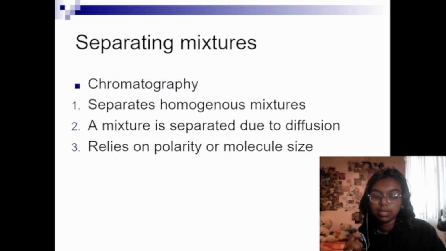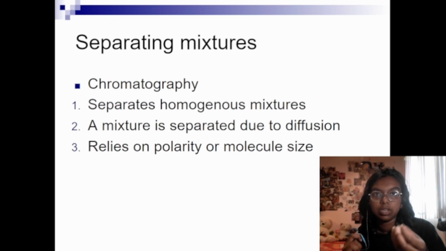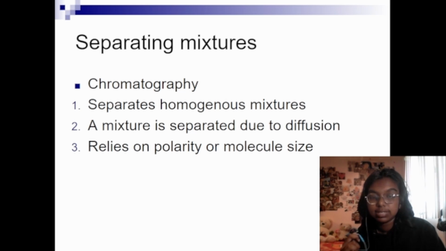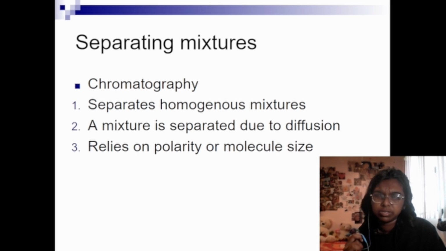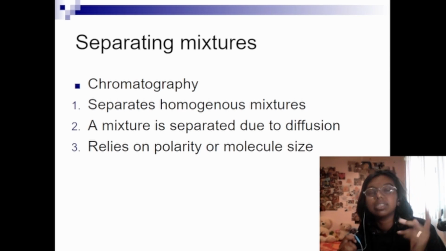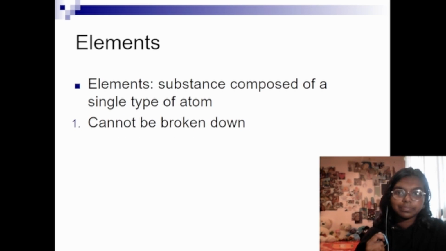The most common example of chromatography I can think of is with markers, because let's say you have a black Sharpie or a black Crayola marker. It's a mixture of different types of ink, right? So you can use chromatography to see the different types of ink. I'm pretty sure there's some red in there, might be some blue in there, I don't know. I did try it, but it was years ago, I don't remember.